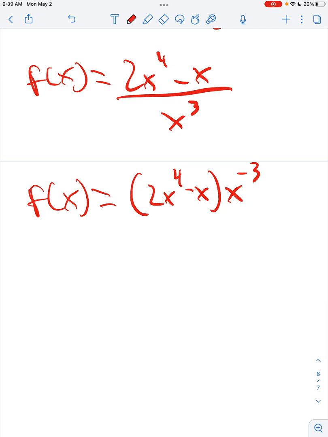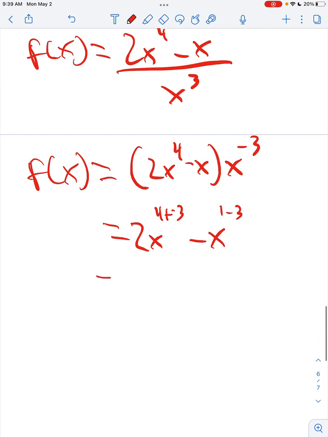Now I can go ahead and simplify. So again, 2x to the fourth times x to the negative third, that's really like saying negative 4 plus negative 3. Minus, again, this is x to the first minus x to the third.